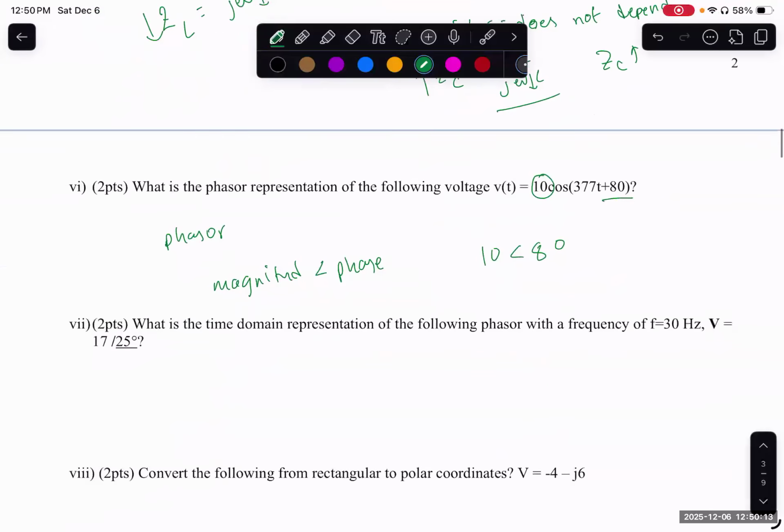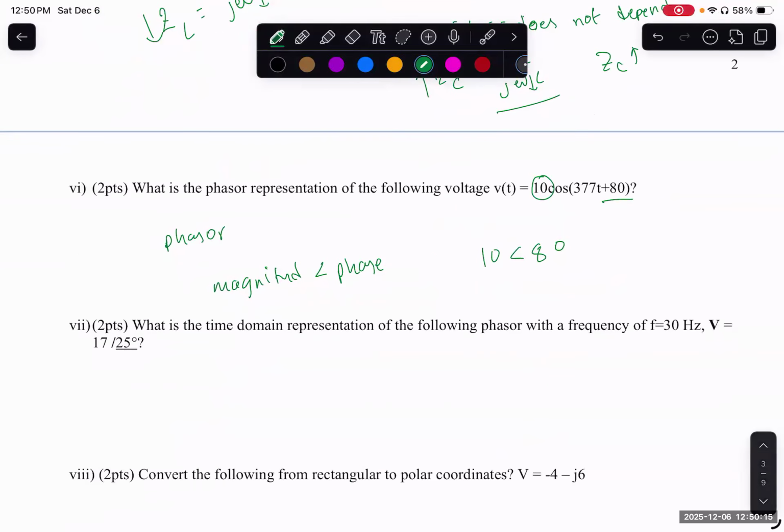And then it asks, what is the time domain representation of the following phasor with the frequency of 30 hertz and B equals 7? So f is 30 hertz, and the way it's written is kind of not the best way to represent it.